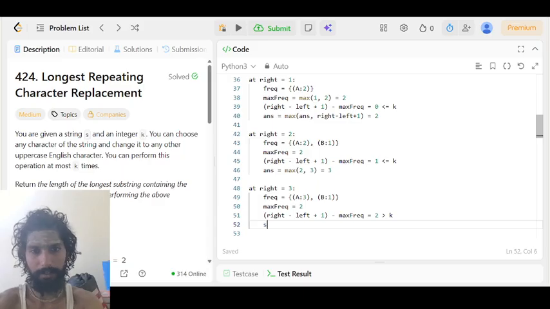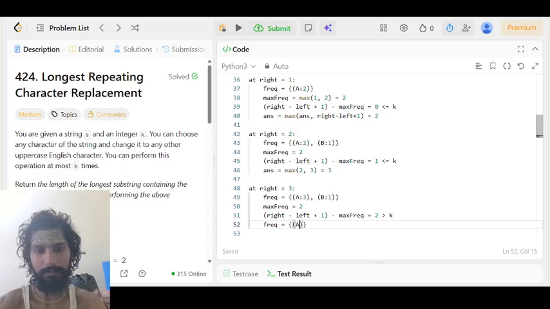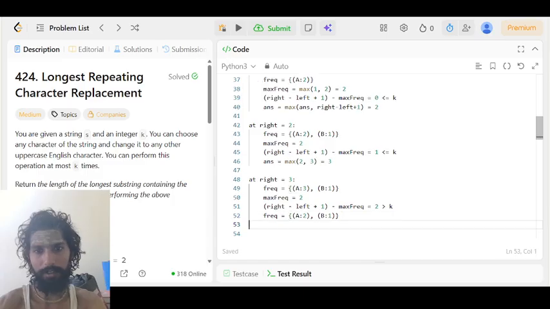So my freq will change. It will become A2 and B1, and my left will become equal to 1.